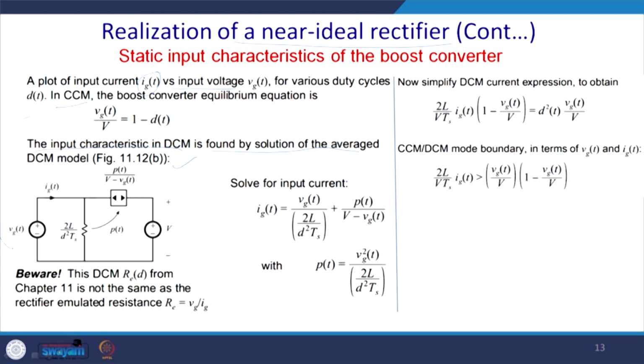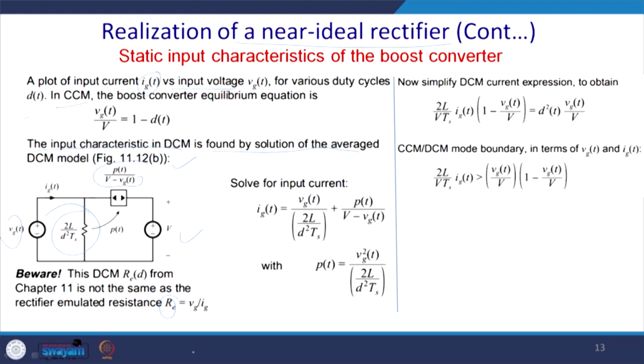This is the Vg, and ultimately this resistance has been modeled, that is 2L by d squared Ts, and this is the power available to you, p(t), with V minus Vg. Thus, in DCM, Re is the same as emulated by Re equal to Vg by Ig.